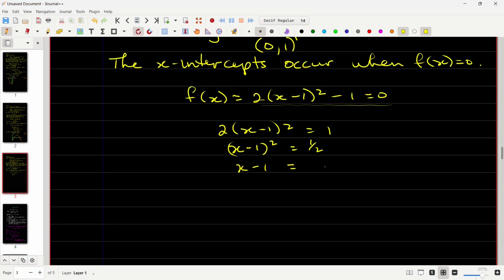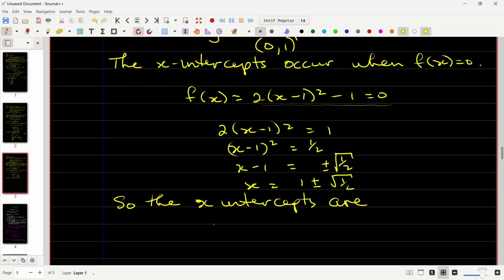X minus 1 is equal to plus or minus the root of a half, which is, well, let's leave it at that. And then x would be equal to 1 plus or minus the root of a half. So the x-intercepts are 1 plus root of a half, 0, and 1 minus root of a half, 0.